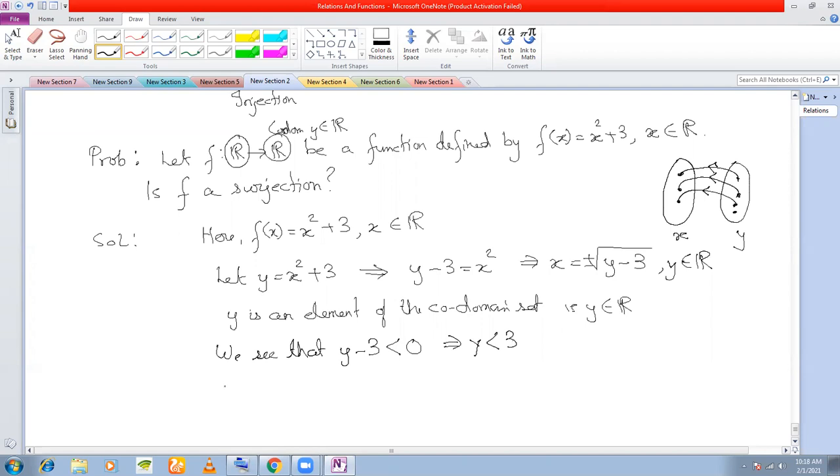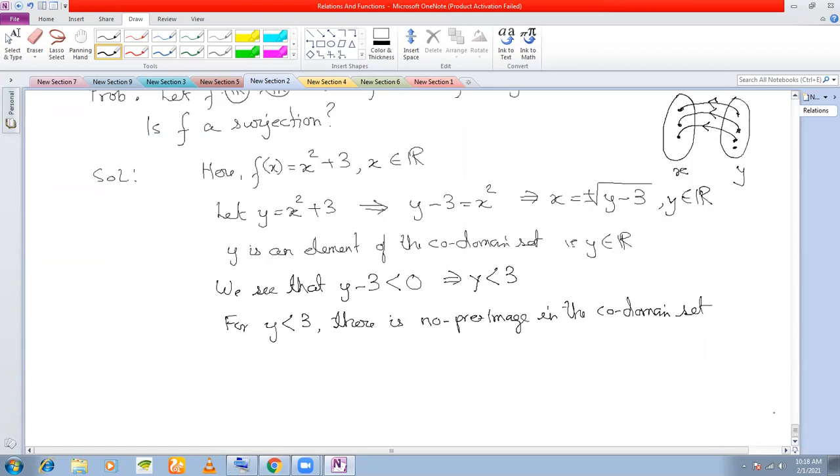So therefore, for Y less than 3, there is no pre-image. That means, is the function surjective or onto?